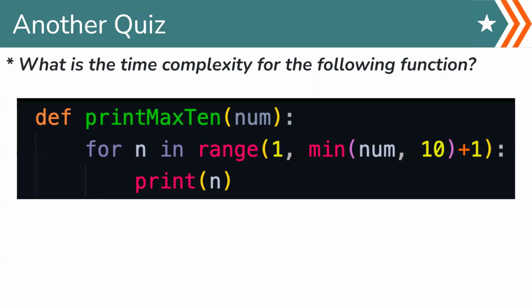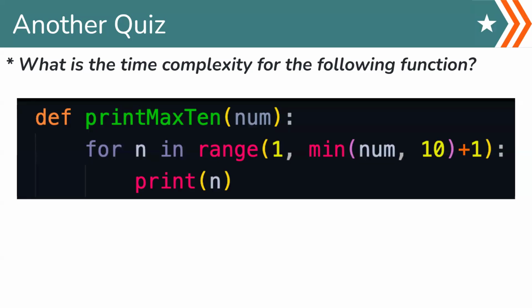It's only printing n. It's not manipulating. Right, it is not going to get any bigger than 10. It is constantly less than 10. When we say O of n, we're referring to n being the size of the input that can grow depending on whatever n is.